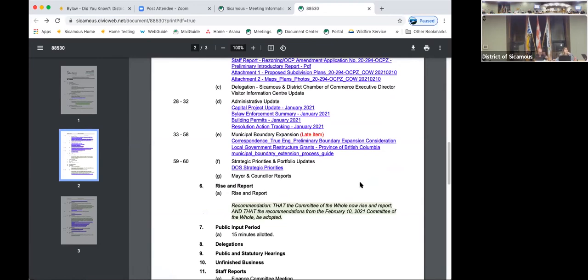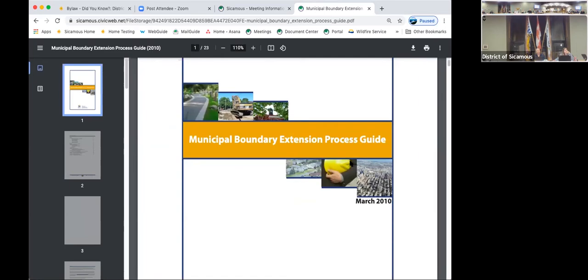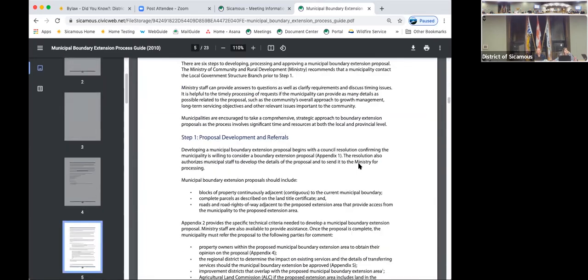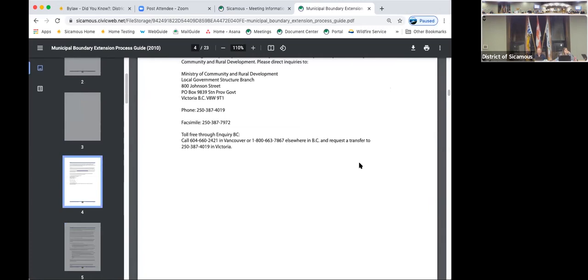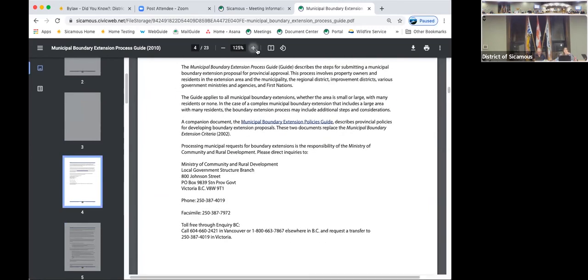So, let's start with the summary, if you will. The narrative there, I think the policies and the process. Yeah, that's it. Quickly, I was asked by one of the residents out in Area E exactly what the process is. So if you go to page four, back please. Basically summarizes, a little bit more.